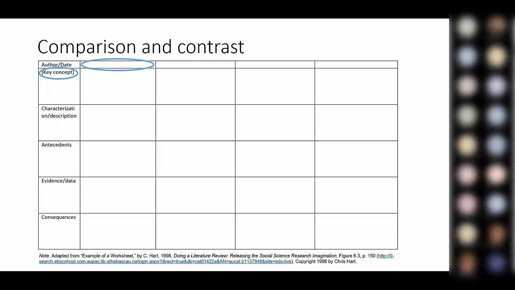You can also change the category names in this first column over here, just how it suits your own research. It's really up to you. This is just to give you a starting place. And then fill out each column for the source listed at the top. That's it. You're on your way to better understanding the relationship between the sources, as well as organizing your paper into sections with headings based on key concepts.